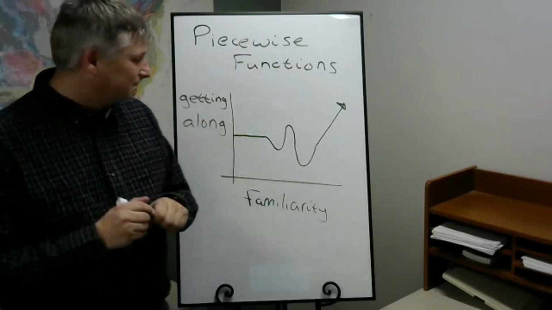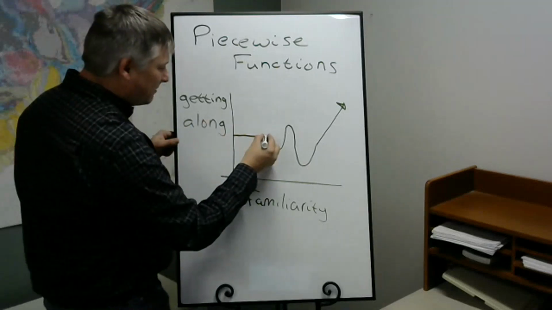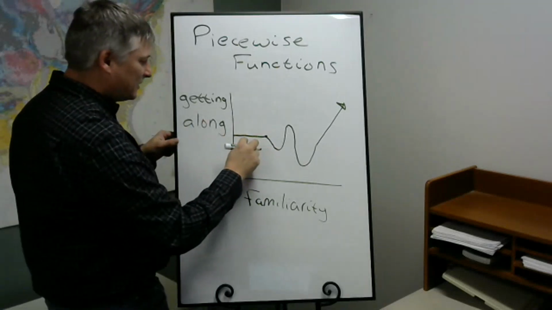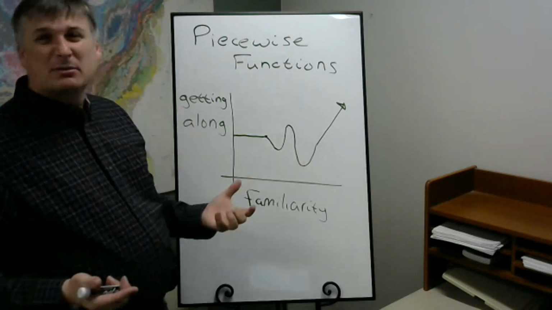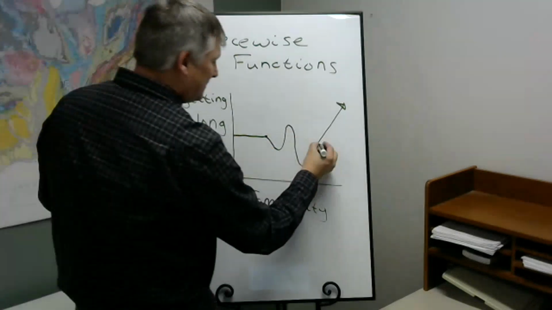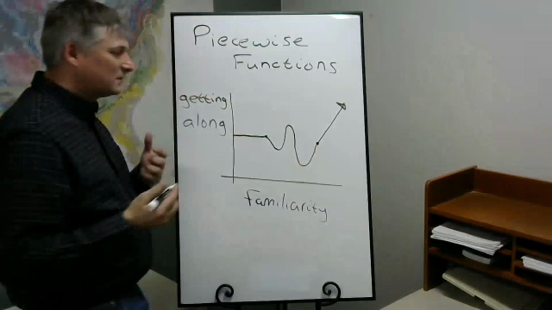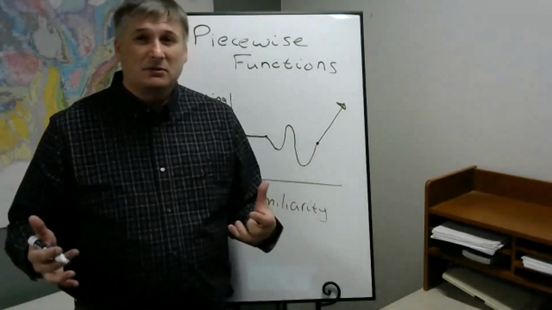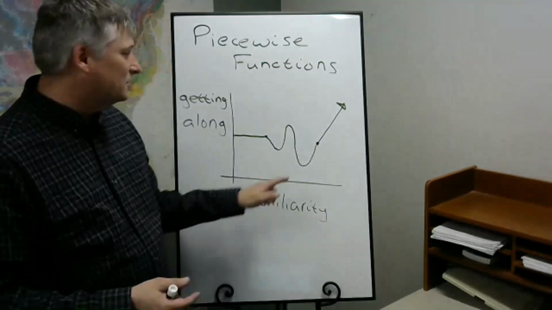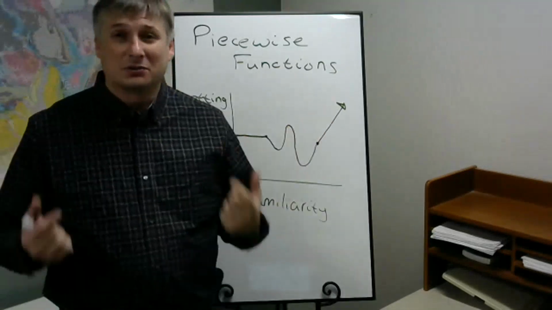So here's the point. You start out with a pretty consistent friendship. And then you hit a rocky phase. Sometimes it's up, sometimes it's down. And then you discover that these differences of opinion actually show you a lot about life that you wouldn't have imagined. And so you discover that your differences are actually strengths.